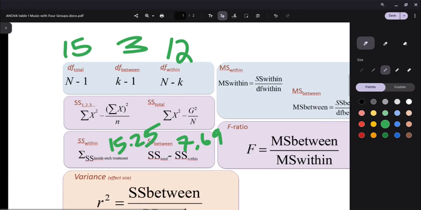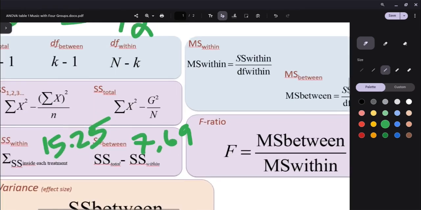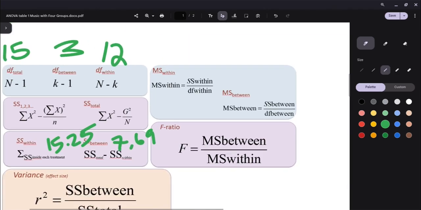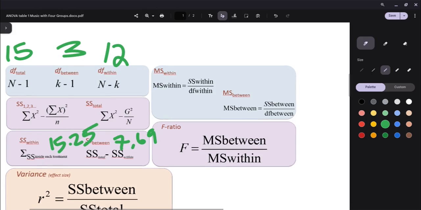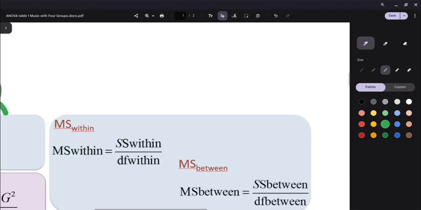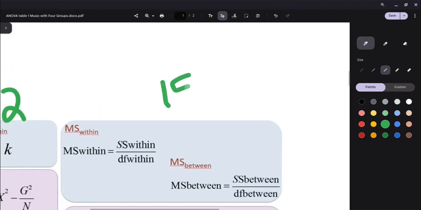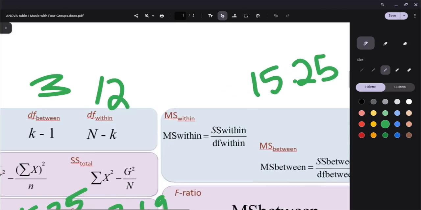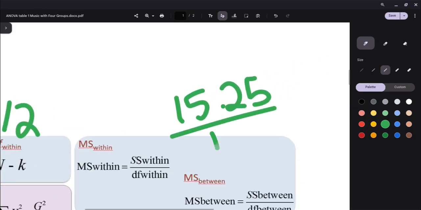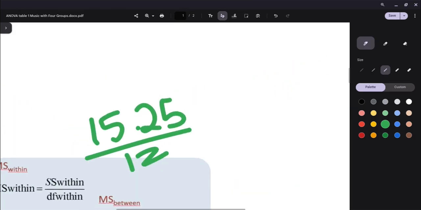So now that we have our SS within and SS between, we can actually find our MS within, which will be 15.25 divided by our 12, which will be 1.27.